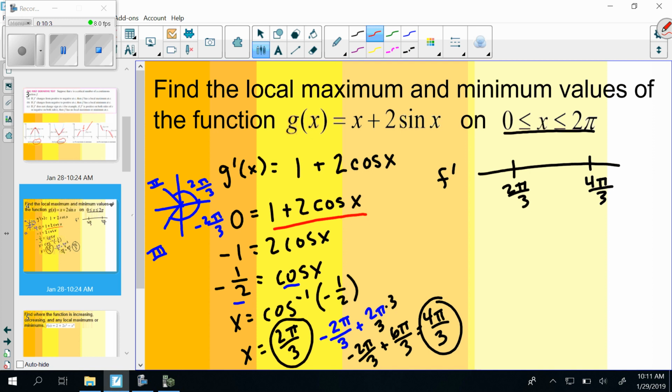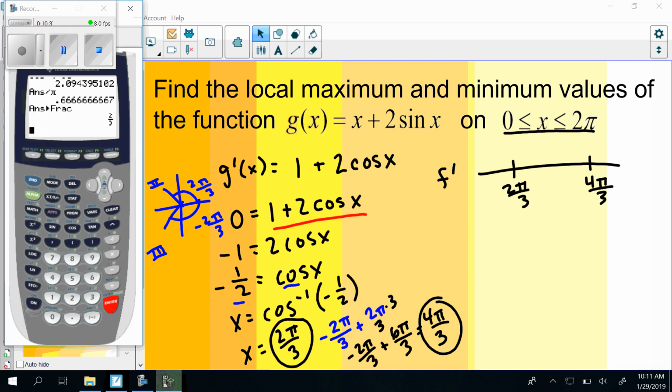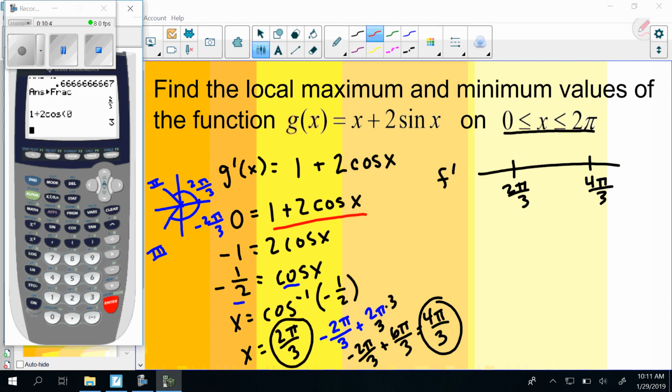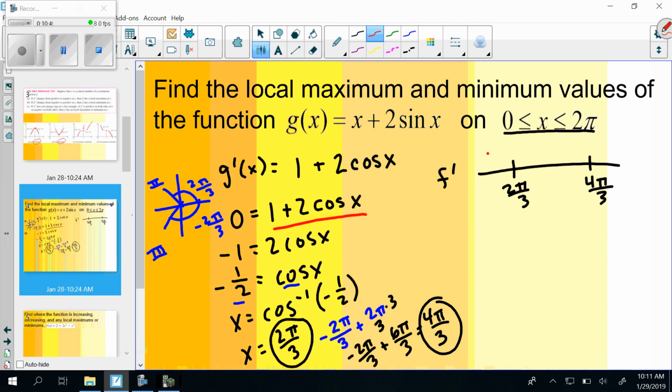What kind of value are we going to get? Is it going to be positive or negative? So let's see what we get. We put in 0 and we get 1 plus 2 cosine 0. We know cosine 0 is 1, so this comes out to be positive 3. So in this region, we get a positive slope.